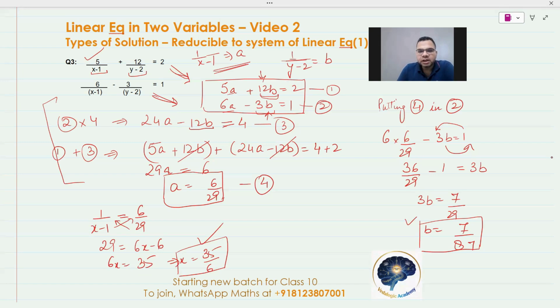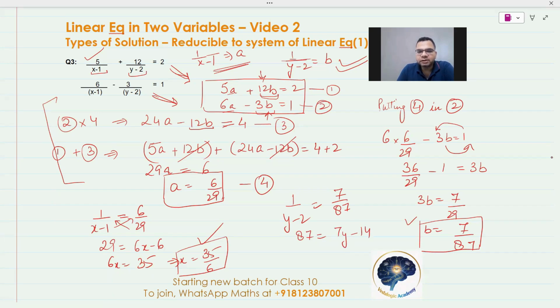Okay, no worries. So the other thing that we have found is b is 7 upon 87. And what is b? b is nothing but 1 upon y minus 2. So if you see here from the top, we have got the value of b, which is 1 upon y minus 2, and this is 7 upon 87. So again, I'm going to do the same thing. I'm going to cross multiply. 1 into 87 becomes 87, and 7 into y minus 2 becomes 7y minus 14.